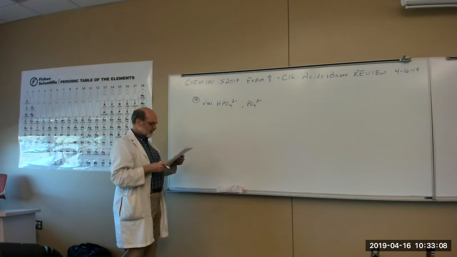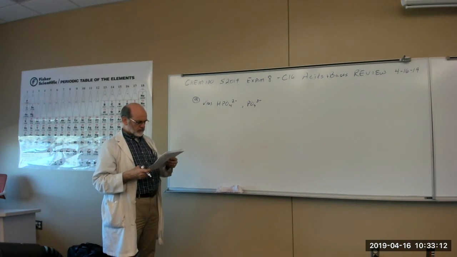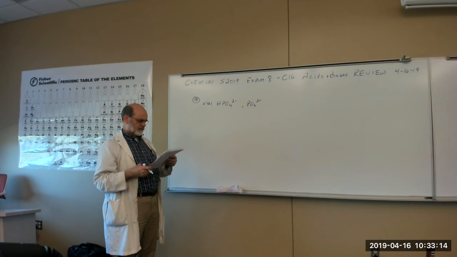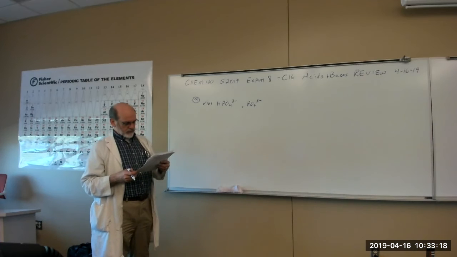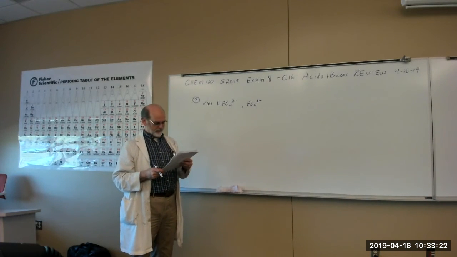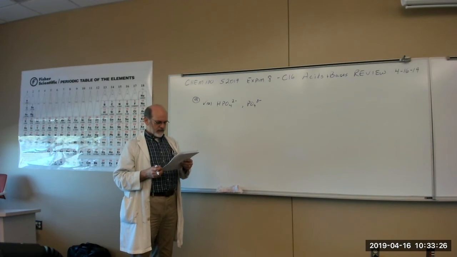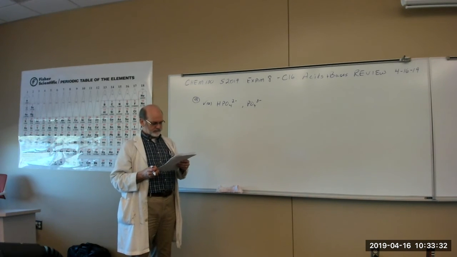B is HNO3 minus. B is wrong because those compounds don't exist. C, how's C? Well, NH4 doesn't exist.